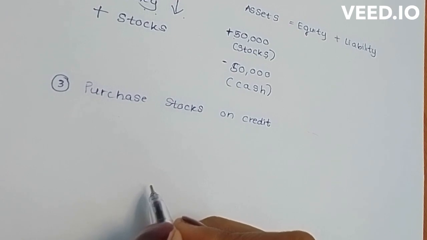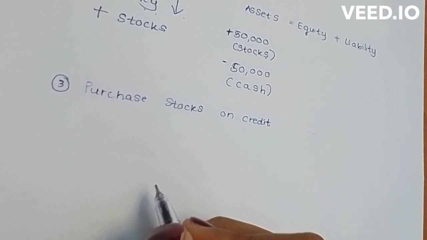But when we purchase something on credit basis, instead of reducing cash, we are getting a creditor to our business. That means we are liable to pay that person because we are buying the product on credit. That means we are agreeing to pay them later.